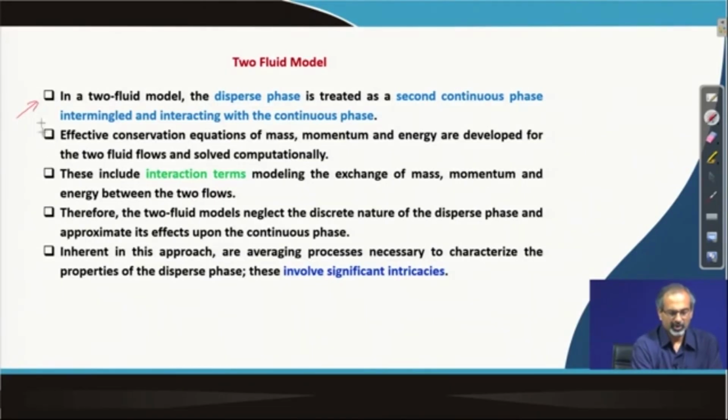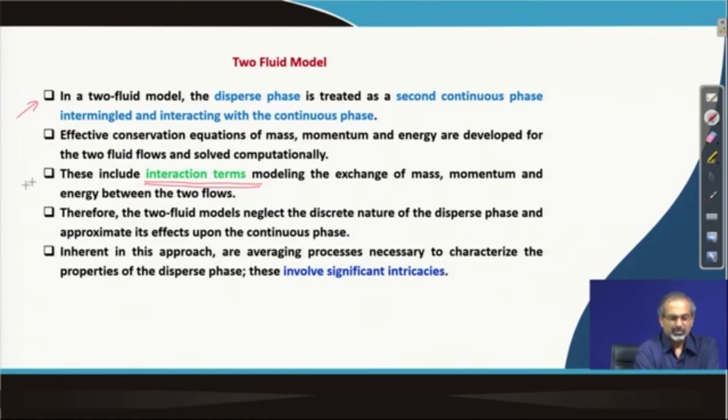If we look at the points in a two fluid model, the dispersed phase is treated as a second continuous intermingled phase, which is interacting with the continuous phase, and the effective conservation equations of mass, momentum, energy are developed for the two fluids and solved computationally, and they would include interaction terms which model the exchange of mass, momentum, energy between the two flows. Therefore, the two fluid models neglect the discrete nature of the dispersed phase and approximate its effect upon the continuous phase itself.